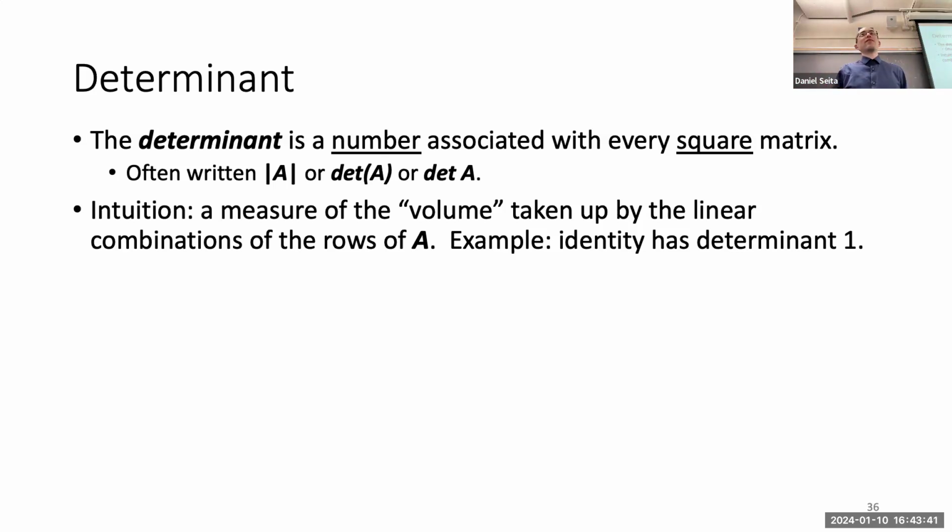So what's the intuition of the determinant? It's kind of like a measure of the volume taken up by the linear combination of the rows of the matrix. There's an explicit formula that you can look at for the determinant, but it doesn't give you very much intuition. That's why when I describe intuition, I try to think of it as the volume.